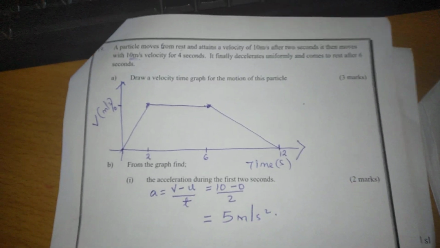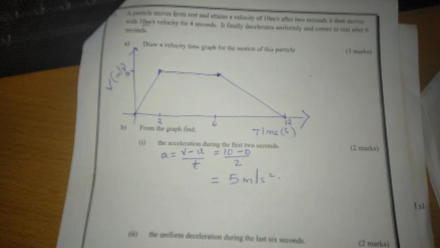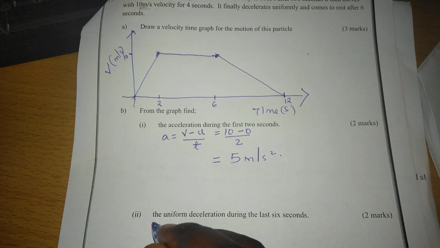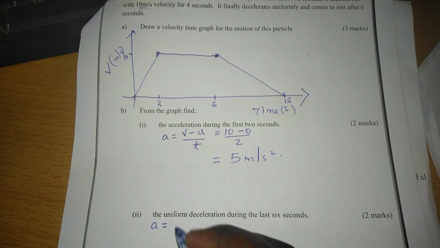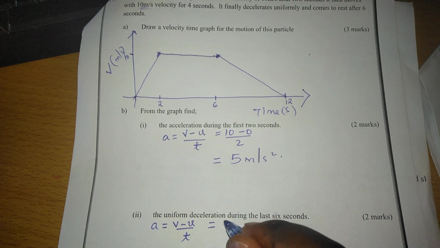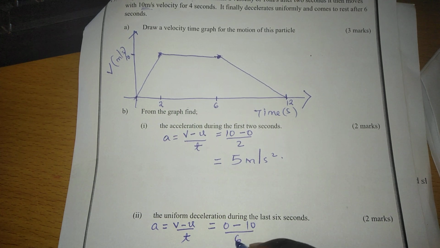So after getting acceleration, we are told to find the uniform deceleration during the last 6 seconds. Therefore, to get deceleration, we know that deceleration is negative acceleration. So we use the formula for acceleration, because acceleration is given by v minus u out of time, and this is going to be given by a final velocity of 0 from 10 within 6 seconds.